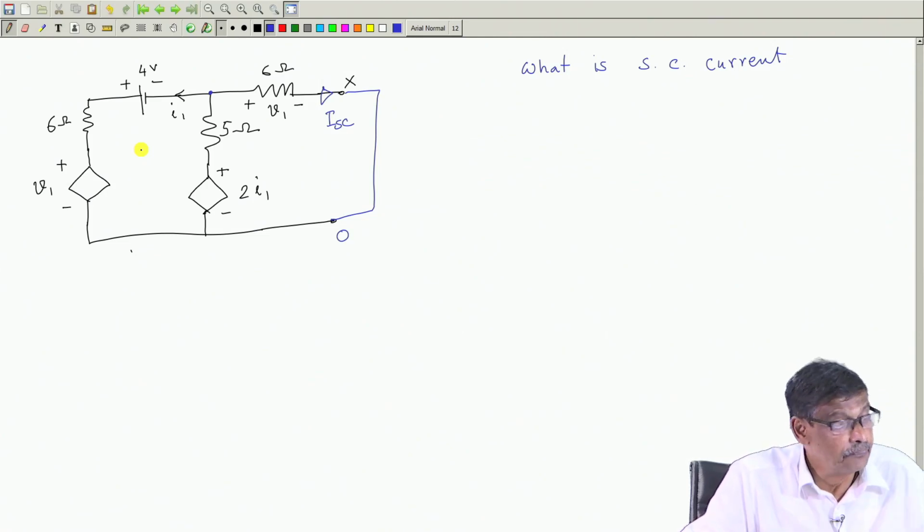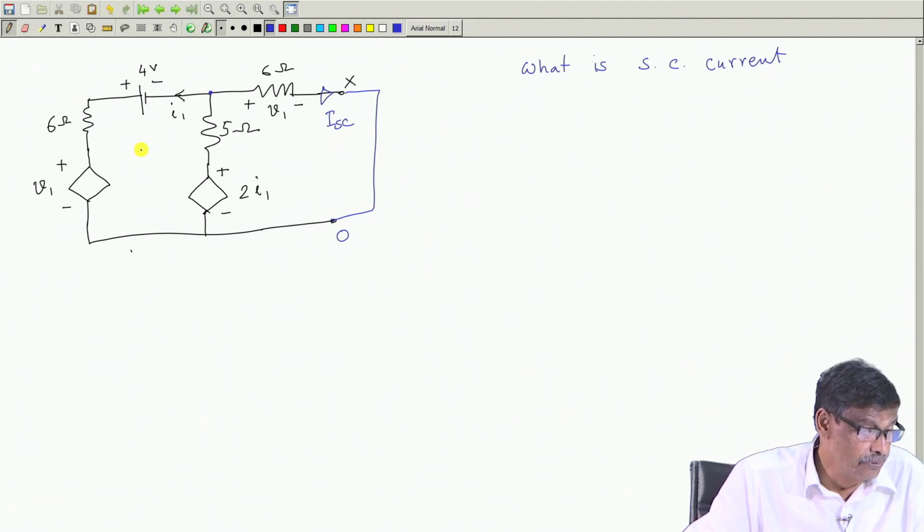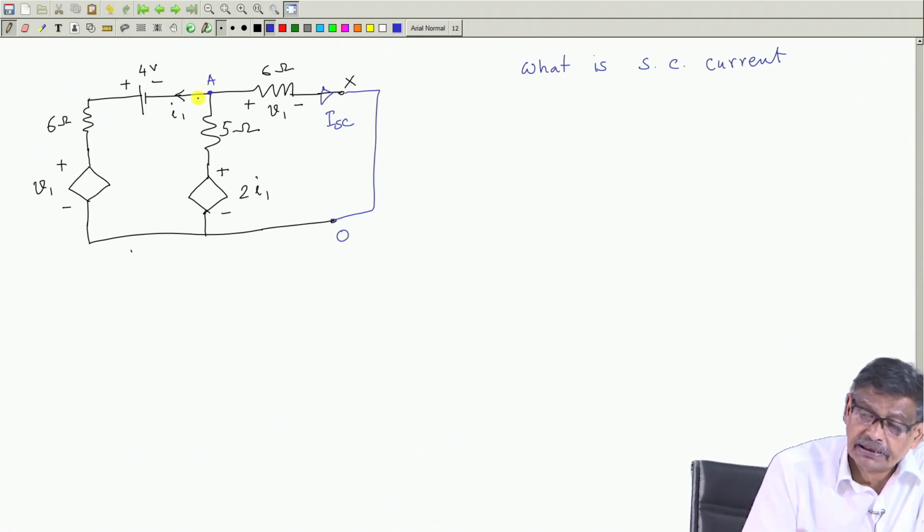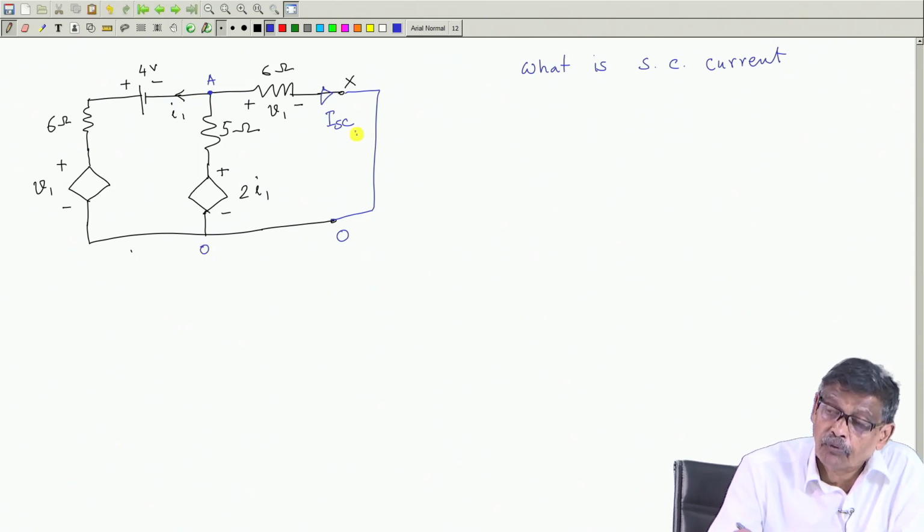So, what do I do? You note that this point is X, this point is A, this point is O. Now, voltage across X O, because you have short circuited, it is equal to 0.